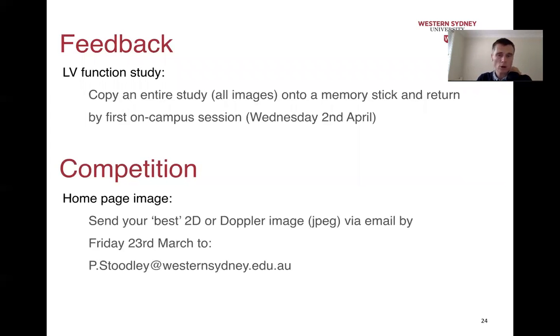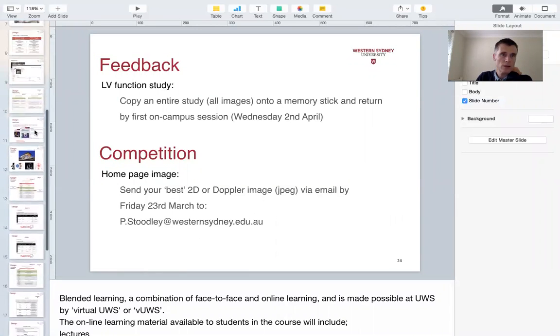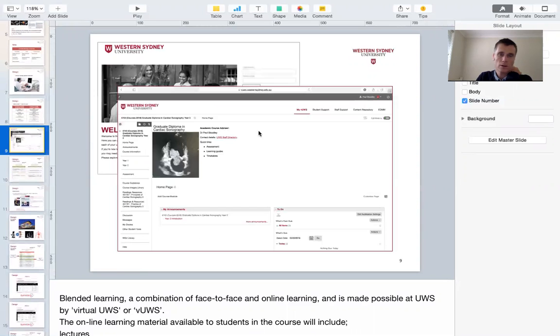And there's also a competition. So the views site, which you see here, let me just go back to it. The views page, which looks like this. As you can see, there's an image on it, and that's the competition winners from last year.